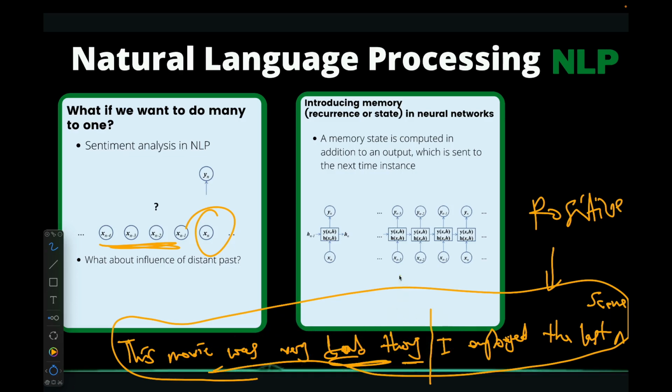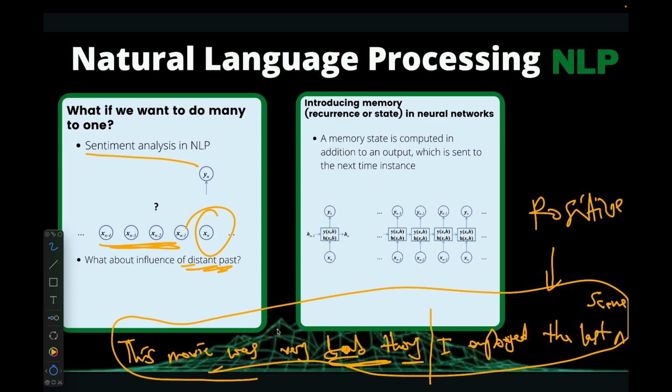So that's what happens when you do something like sentiment analysis. If you don't take care of distance past, you'll be making a mistake. So now the solution here is introducing what is called memory, which in a fancy way we call recurrence or state.